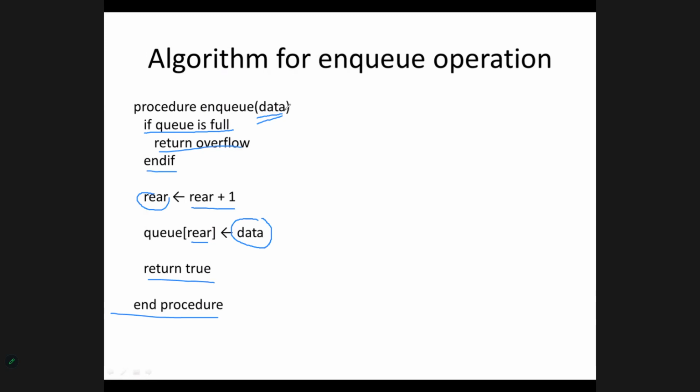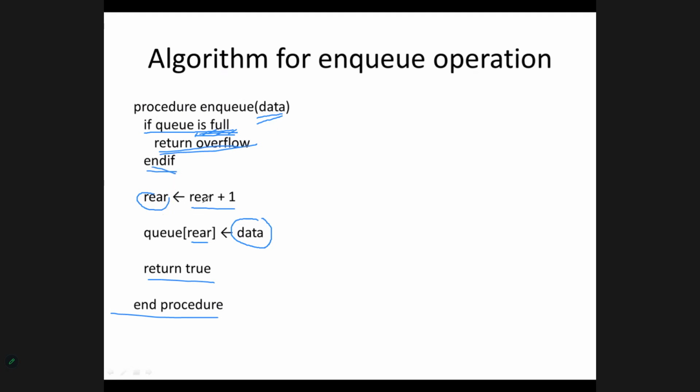Before inserting, we need to check whether the queue is full or not, so we call the isFull function immediately. If this is true, then there is an overflow.